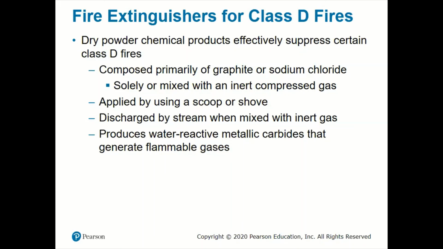Those dry chemicals are then mixed with some kind of compressed gas that is not flammable, something like nitrogen or some sort of noble gas, so probably nitrogen is most common.